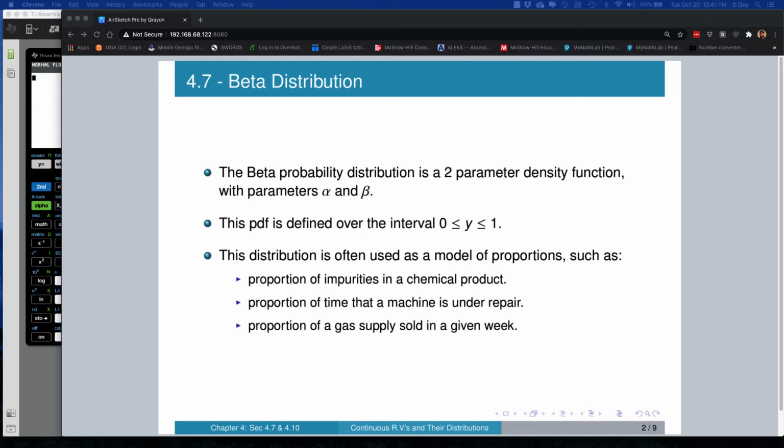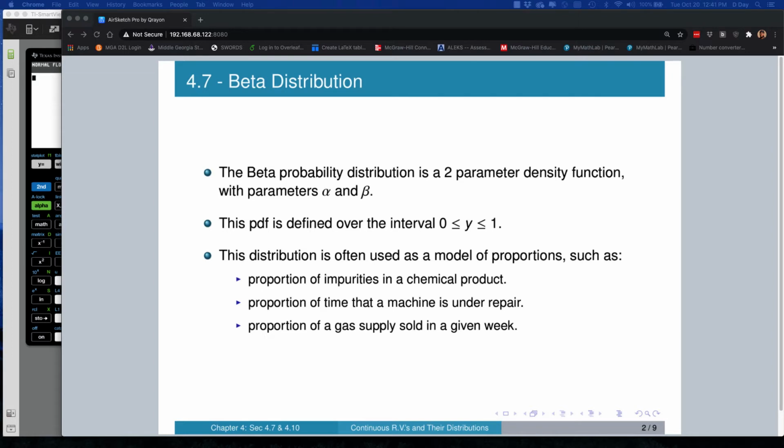This PDF, however, is going to be defined over the interval from 0 to 1. So usually the values of y are some kind of decimal value. This is often used to model proportions rather than regular numbers, like we've been dealing with in the gamma distribution. We went from 0 to infinity, so we could have any number in that range, whereas this one mainly deals with proportions or ratios.